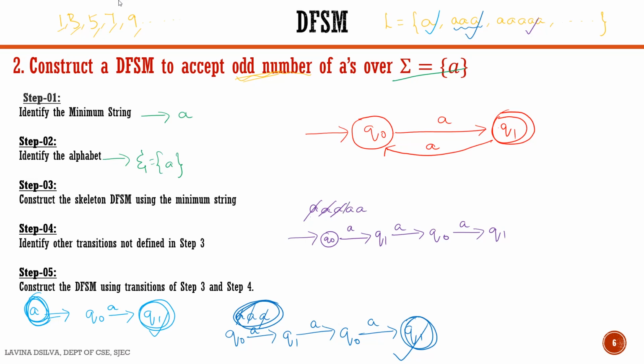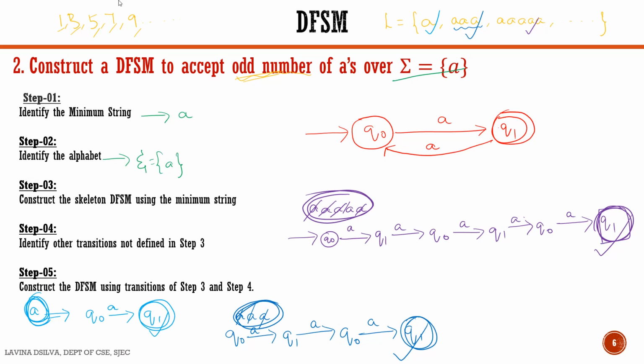And on Q1 state, we see the next A. We go to Q0 state. And on Q0 state, we see the fifth A. We come back to Q1 state. We have finished processing our string. And what is the last state which you see? It is Q1 state, and Q1 state is the final state. Therefore, even this string is accepted.